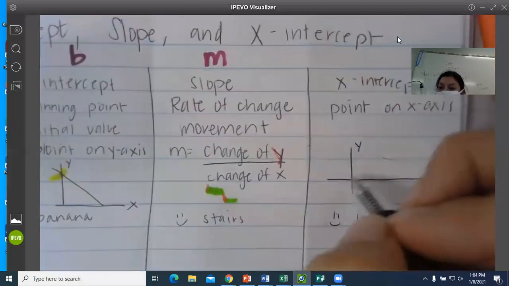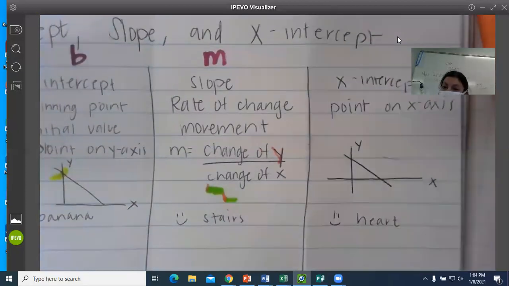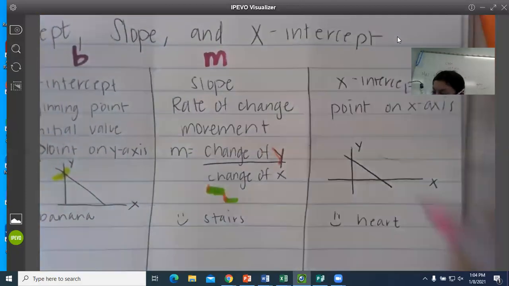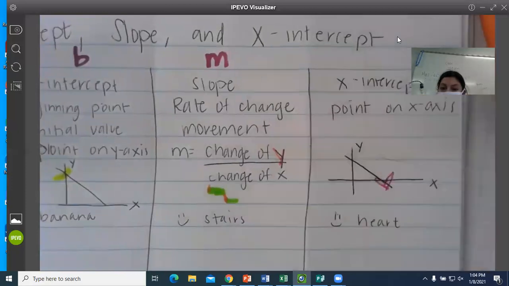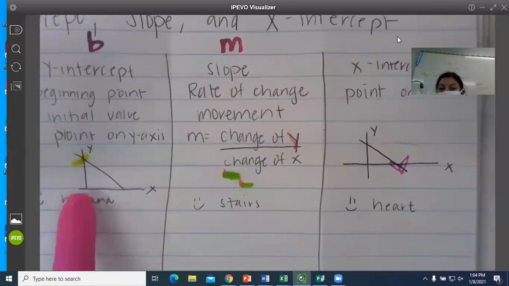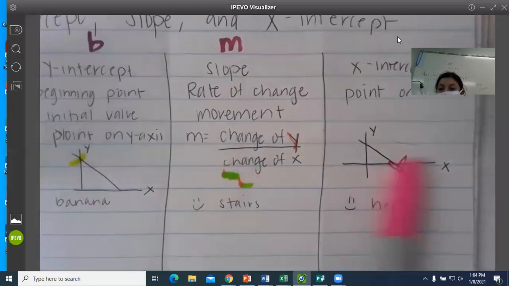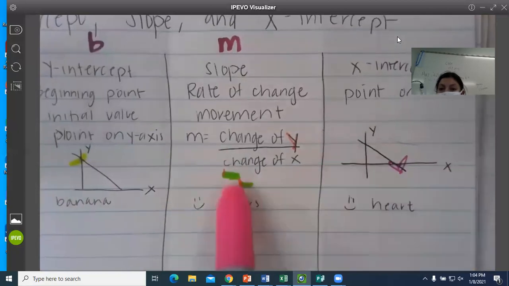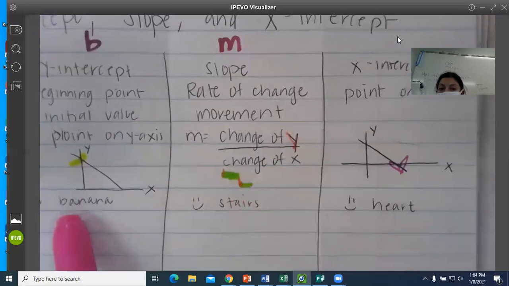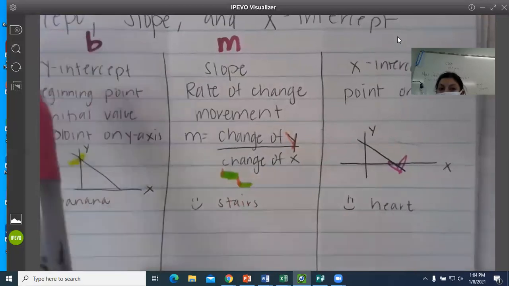That's your Y-intercept. Where the graph touches the X-axis, that is the X-intercept. Okay, so the banana goes on the Y-axis. The stairs are the movement, and then the X-intercept is the heart, where it touches the X-axis. Your X used to have your heart. These are the stairs for slope, and then the banana for the beginning point. B for banana, B for beginning.